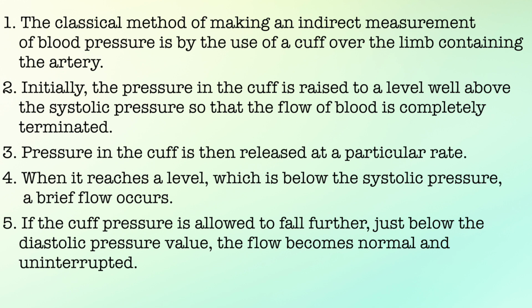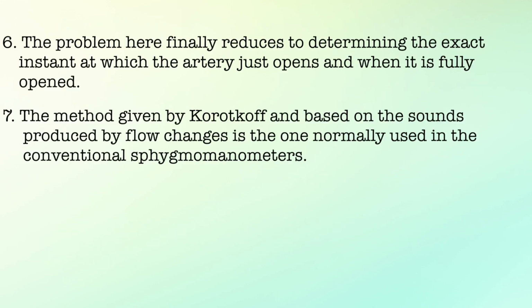If the cuff pressure is allowed to fall further, just below the diastolic pressure value, the flow becomes normal and uninterrupted. The problem here finally reduces to determining the exact instant at which the artery just opens and when it is fully opened. The method given by Korotkov, based on the sounds produced by flow changes, is the one normally used in conventional sphygmomanometers.